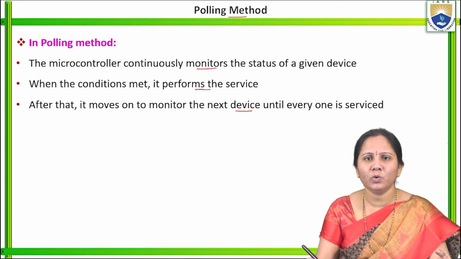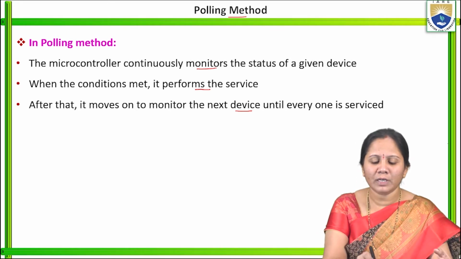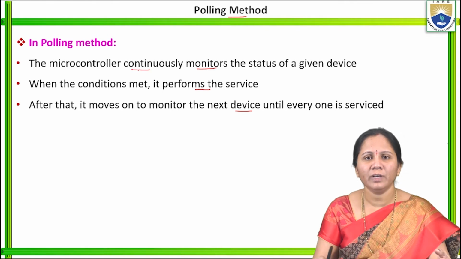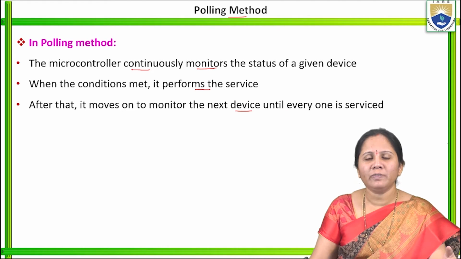That means even if there is no interrupt, in the polling method the microcontroller will continuously check whether an interrupt has occurred or not. Because of this, the microcontroller's time is wasted, and it does not do any other task during this process.